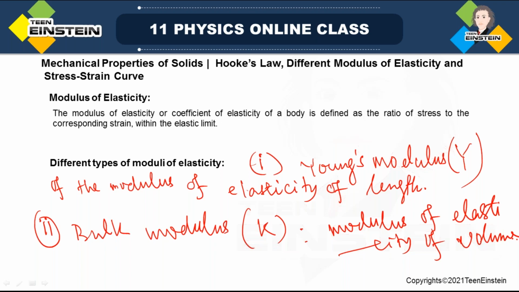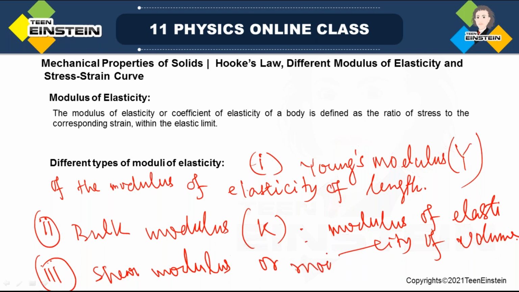Now, modulus of rigidity or shear modulus. This is related to shearing strain. Shear modulus, or rigidity modulus, or modulus of rigidity.